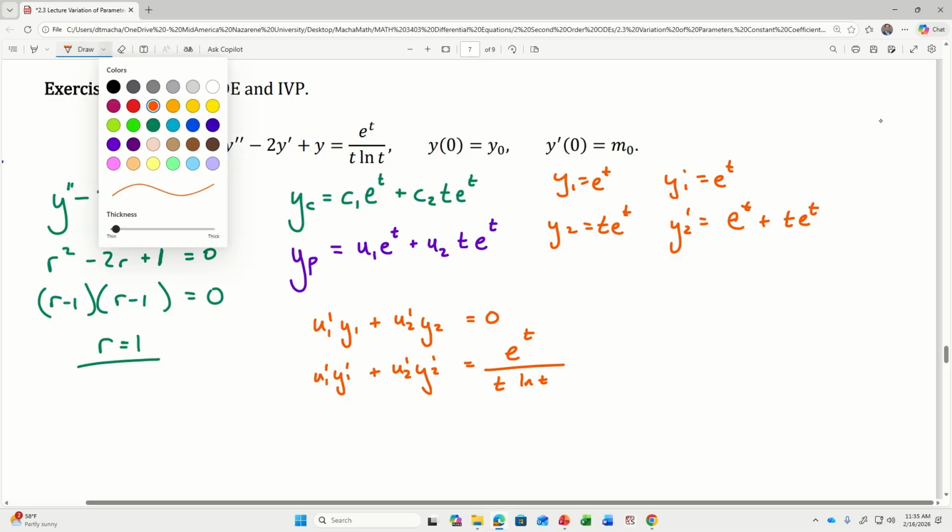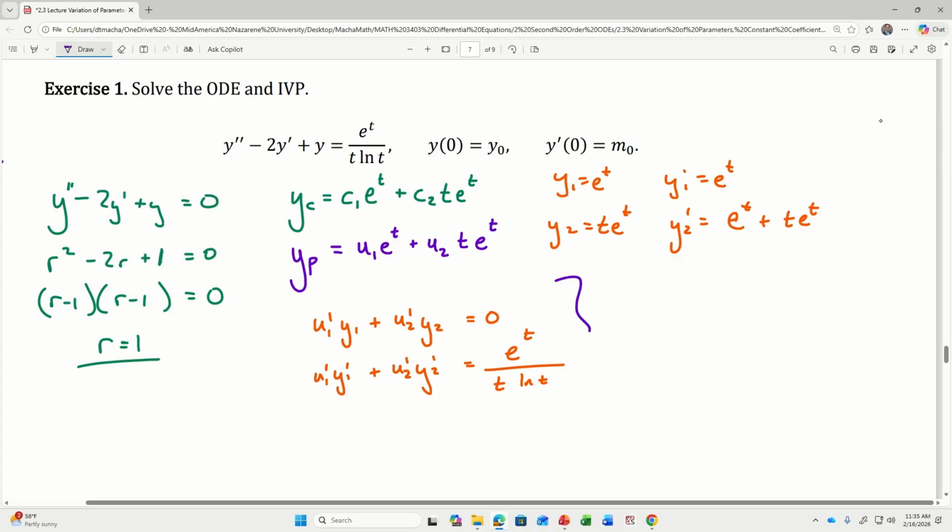So that my system of equations becomes u1 prime e to the t plus u2 prime t e to the t.